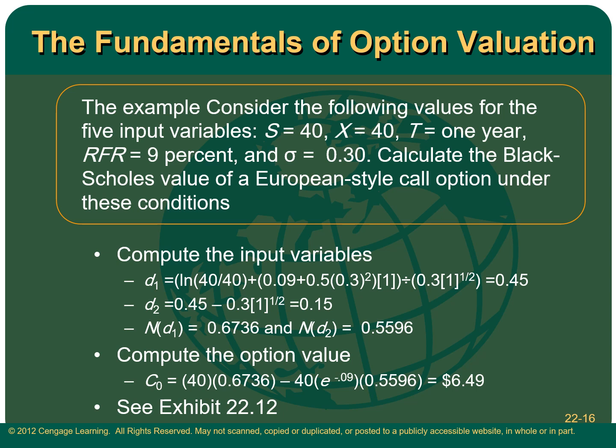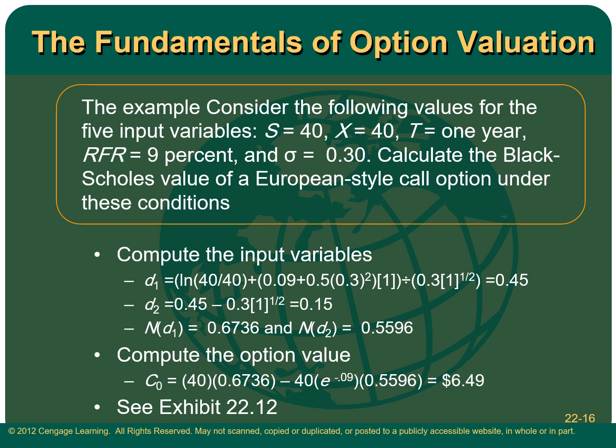Hence, D2 is D1 minus sigma times the square root of T, 0.45 minus 0.3 times 1 year raised to the power 1/2, the square root of 1, which is equal to 0.15.